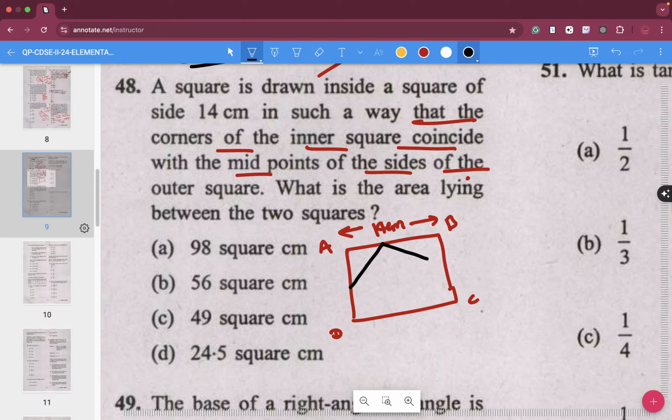So it is saying something like this. What is the area lying between the two squares? What is the area of this is what they are asking.